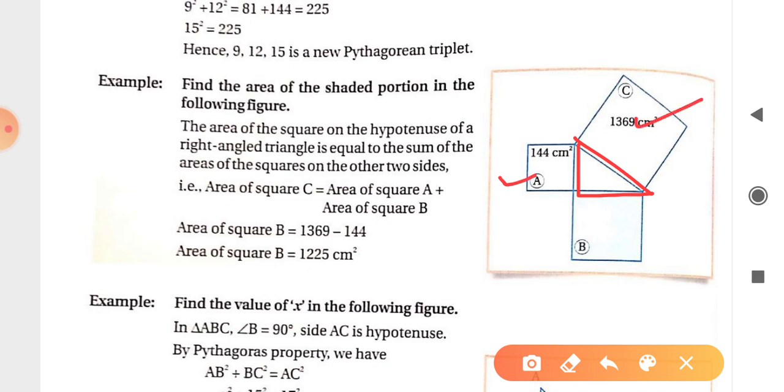We already know that the area of the square on the hypotenuse of a right angled triangle is equal to the sum of the areas of the squares on the other two sides.